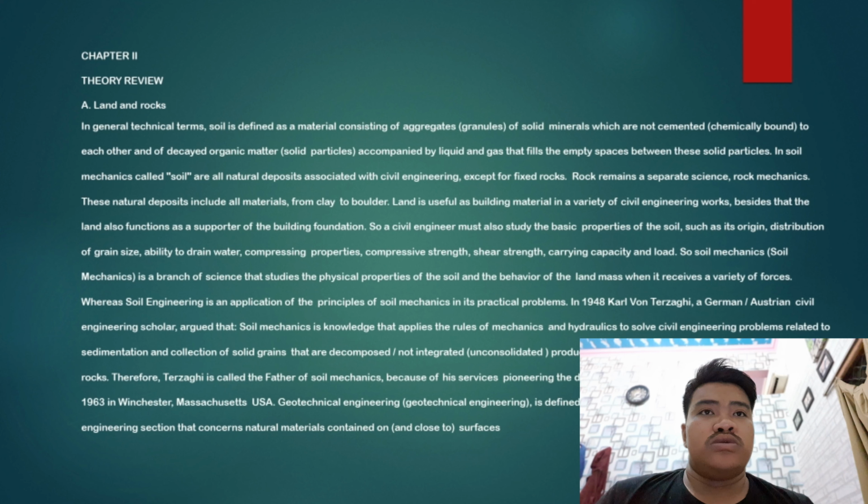Chapter 2 Theory Review. Land and rocks. In general technical terms, soil is defined as a material consisting of aggregates of soil minerals which are not chemically bound to each other and of decayed organic matter, solid particles, each accompanied by liquid and gas that fill the empty space between the solid particles.